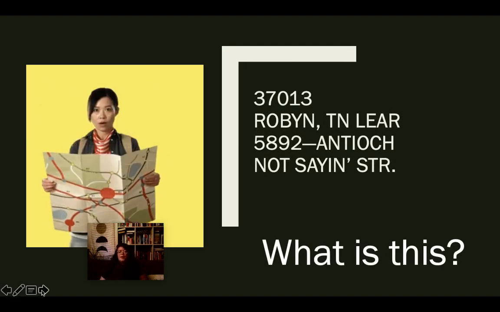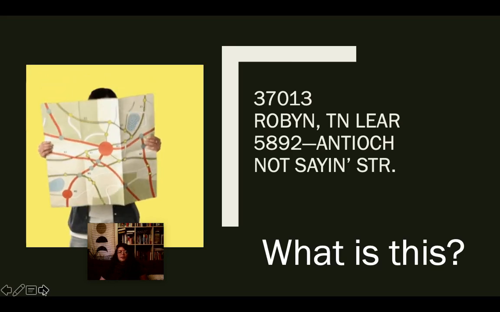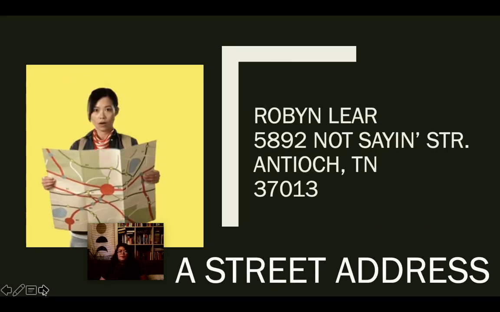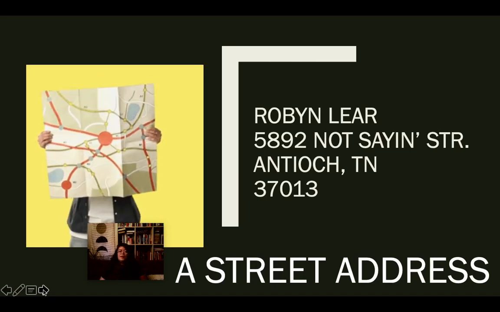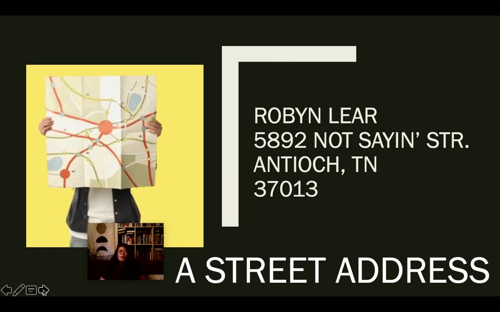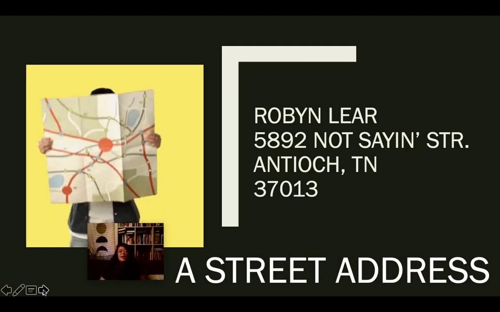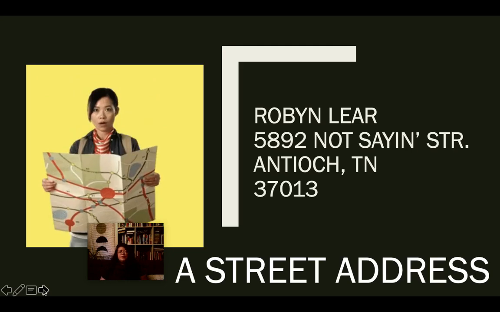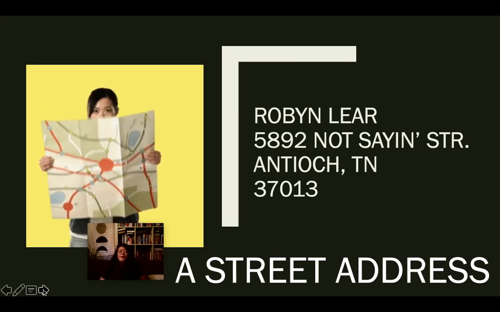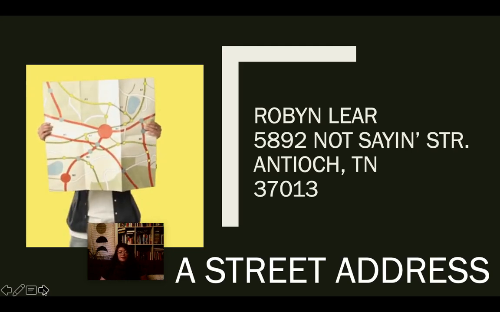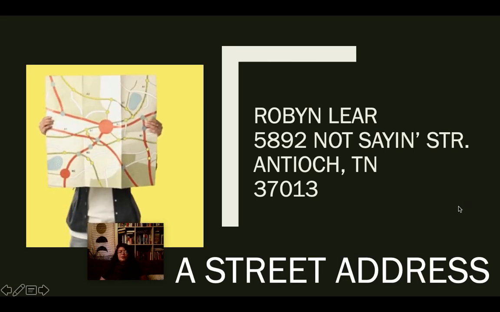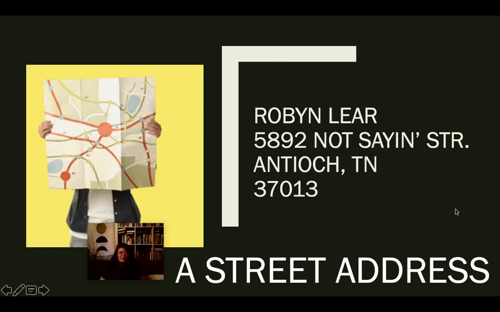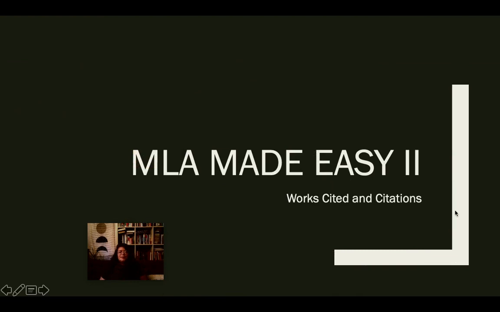And so I'm lost as to what this is until I put it in the correct order, right? And that's all that your works cited page is: it's telling me directions on how to find and trace your research. And if any of it's off, I get lost, right? I wish that I could take credit for that, but I definitely can't. But it's a great metaphor for how to look at MLA.